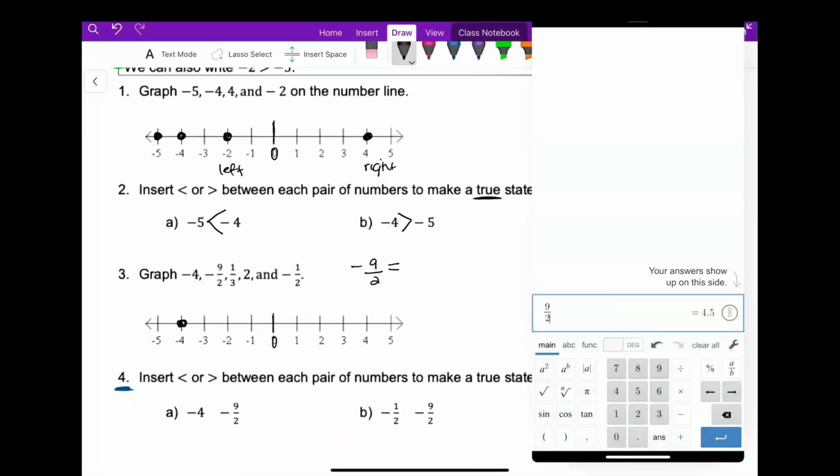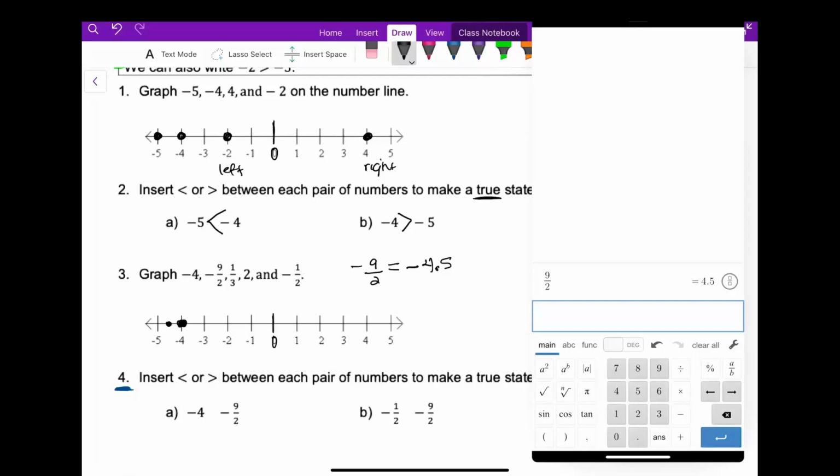Notice I didn't put in my negative. This is almost a habit of mine because I know the negative's there. So this is 4.5, and it's really -4.5. So we're at negative, and I have to keep going a little bit: -4.5 is right in the middle of -4 and -5.